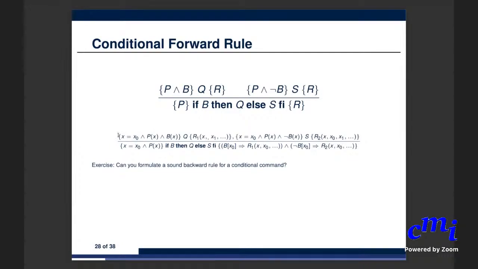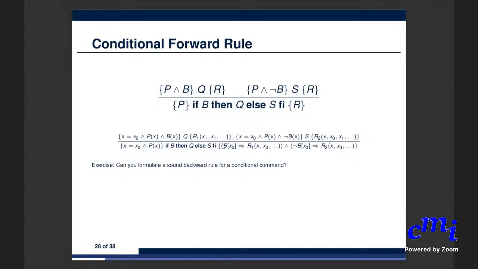In the forward direction, it describes how to put together the strongest postcondition for each of the then and the else branch, assuming that you already derived the strongest postcondition for Q and S. This one tells how exactly to construct the strongest postcondition for the if-then-else statement as a whole.